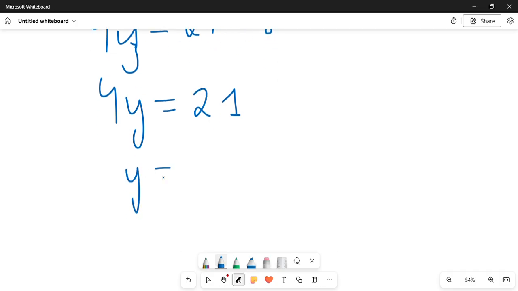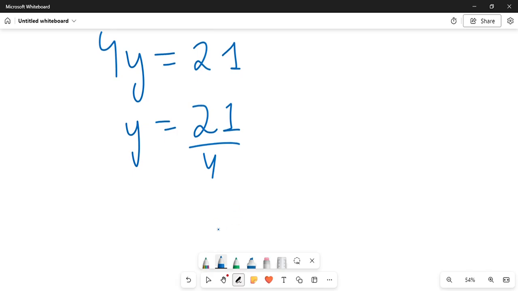So y equals 21 divided by 4. It was being multiplied here, so when it moved to the other side, it got divided by 4. 4 ones are 4, and I think this cannot be divided, right?